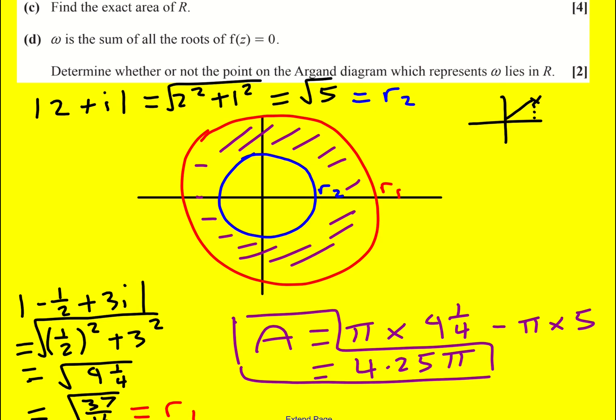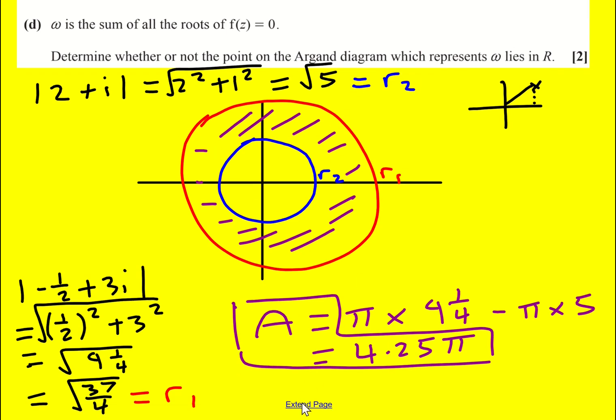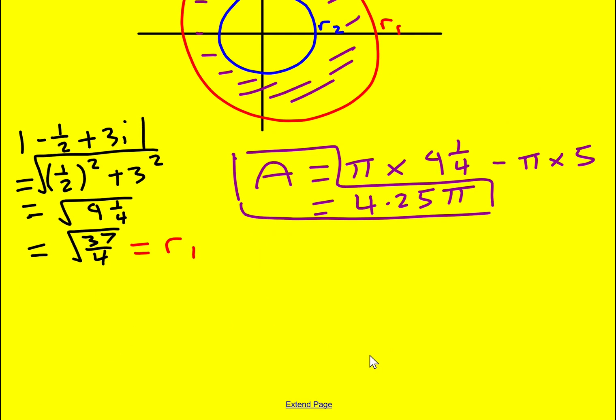Finally, we're told that omega is the sum of all of the roots. Determine whether or not the point on the Argand diagram which represents omega lies in R. Is it somewhere in this purple region? Okay. There's two ways to do this question. First way, probably the one that I found most intuitive, is to actually take the roots that we've got.